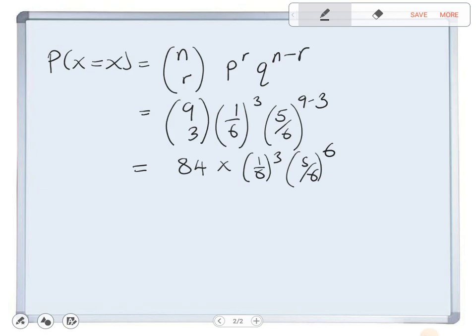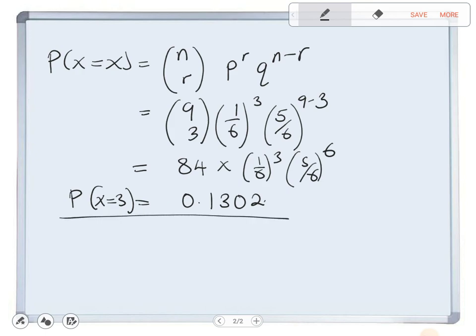So let's keep on multiplying: 1 over 6 raised to the power 3, multiplied by 5 over 6 to the power 6, then multiplied by 84, I'm getting 0.1302 as the probability of exactly, sorry, not 4 times, but 3 times.